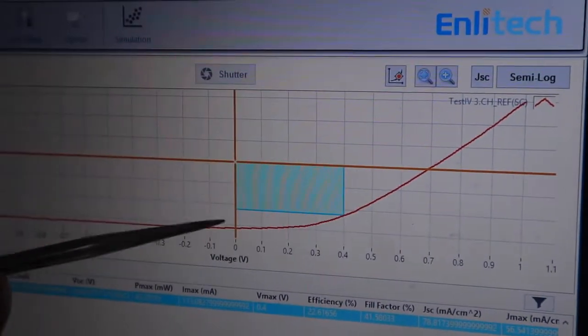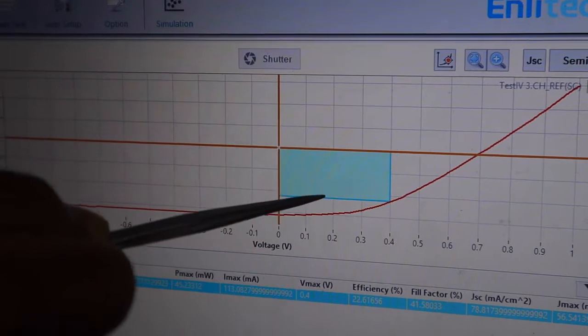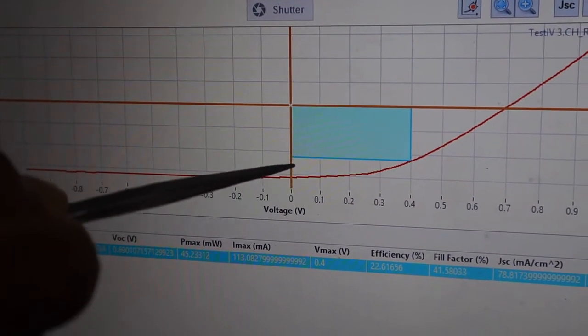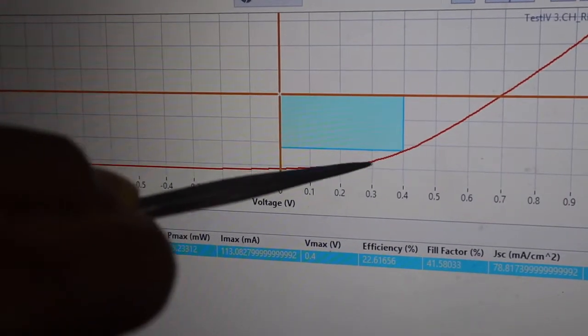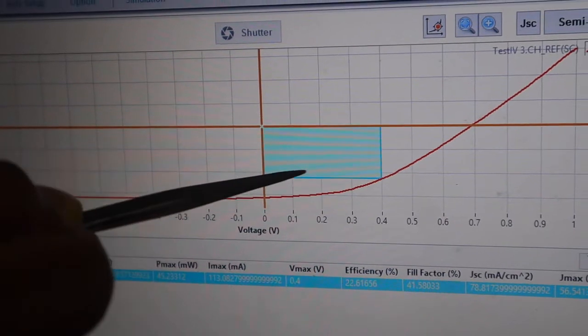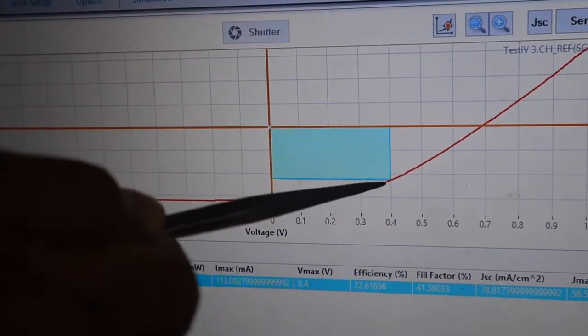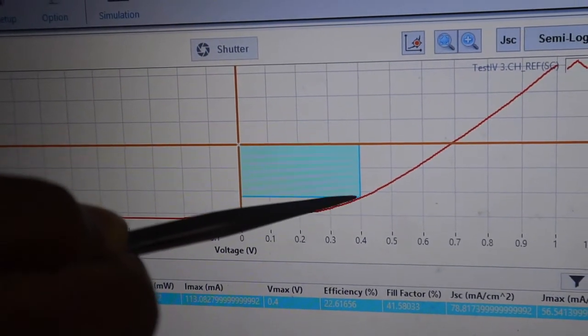So what is from the graph, how we can see? We know the solar cell is working due to the minority charge carriers present, as I told. Here you can see that the blue line is basically showing the fill factor, and the red point where it is touching, this point is the Pmax.